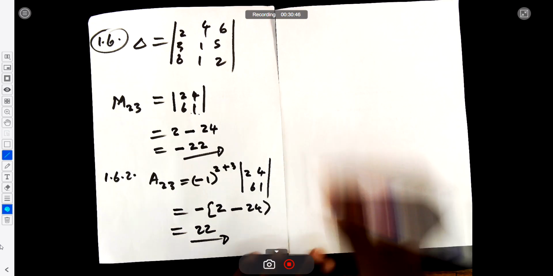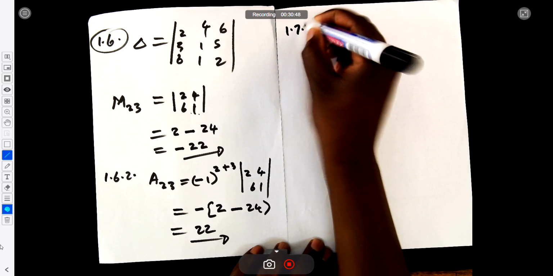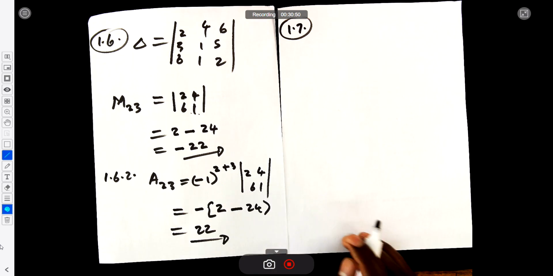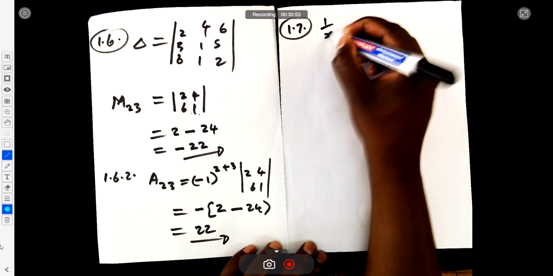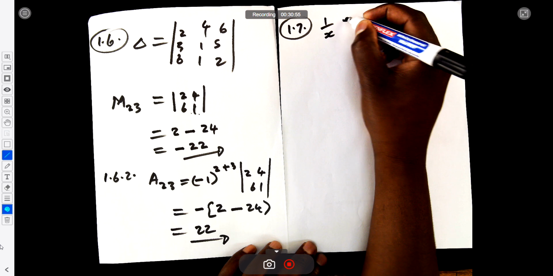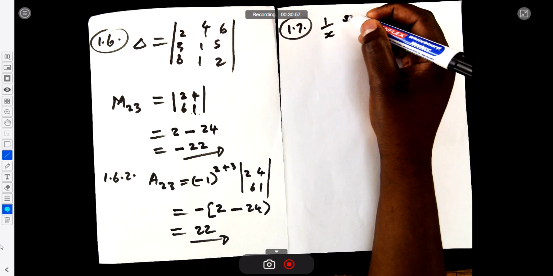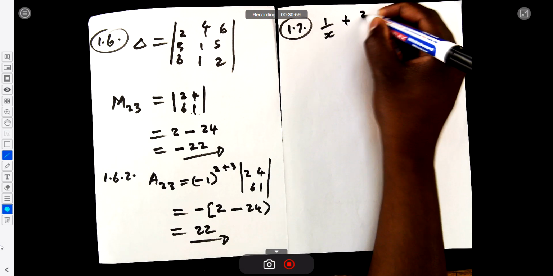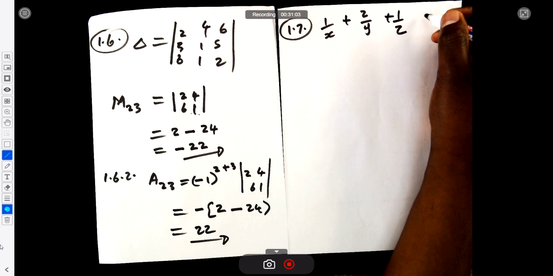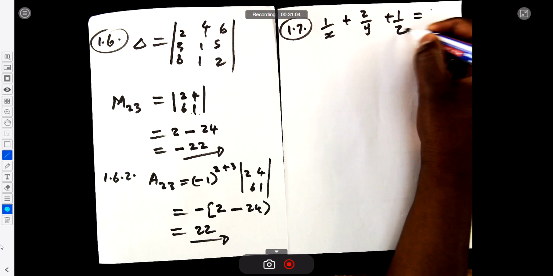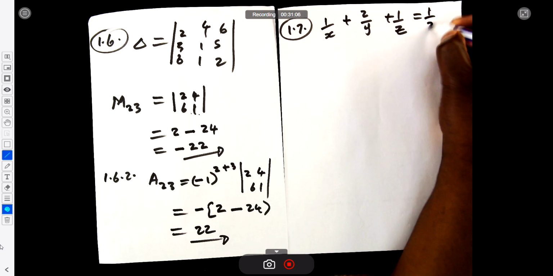So I'm not going to complete this one, but we're given these equations: 1 over x, 2 over y plus 1 over z equals 1 over 2.